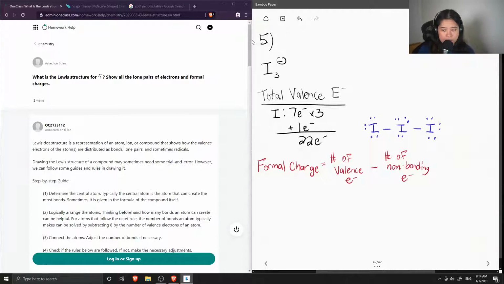So these are the electrons in the lone pairs, minus the number of bonding electrons divided by 2.